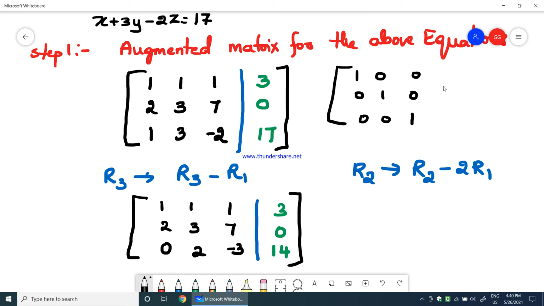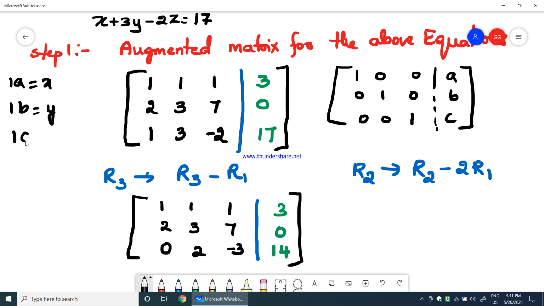This is the Gauss-Jordan elimination method, where 1 into a will be equal to x, 1 into b will be equal to y, and 1 into c will be equal to z. This is what we are doing step by step.